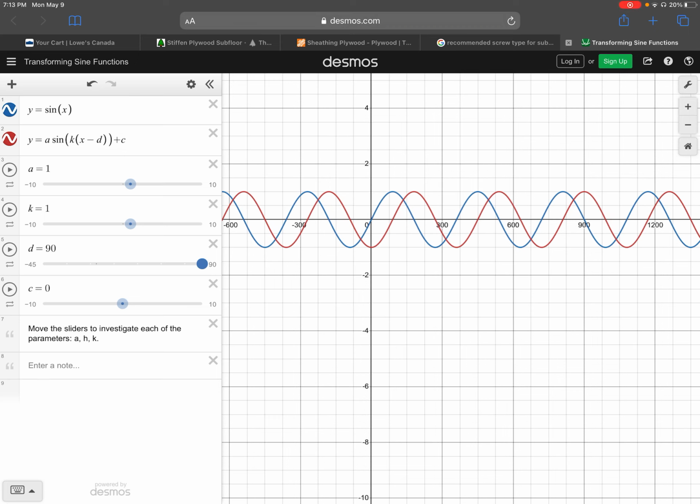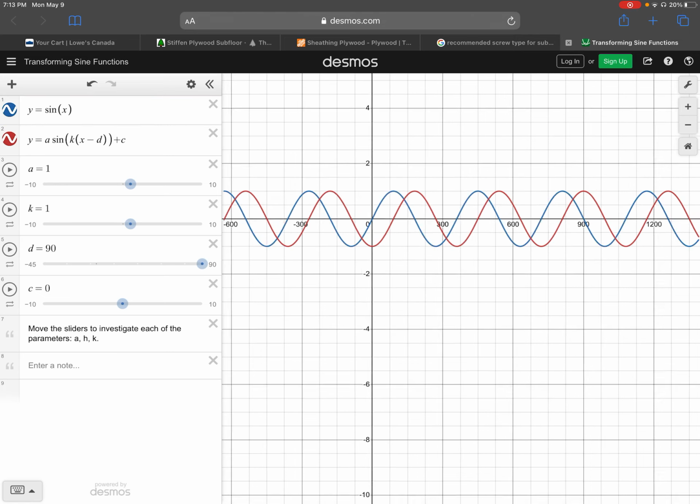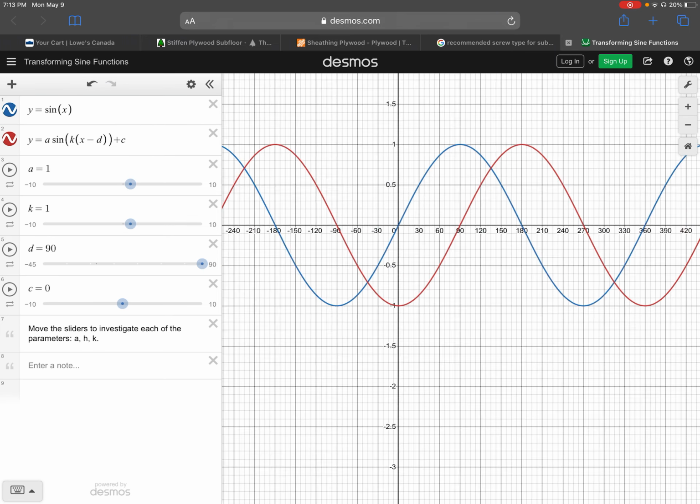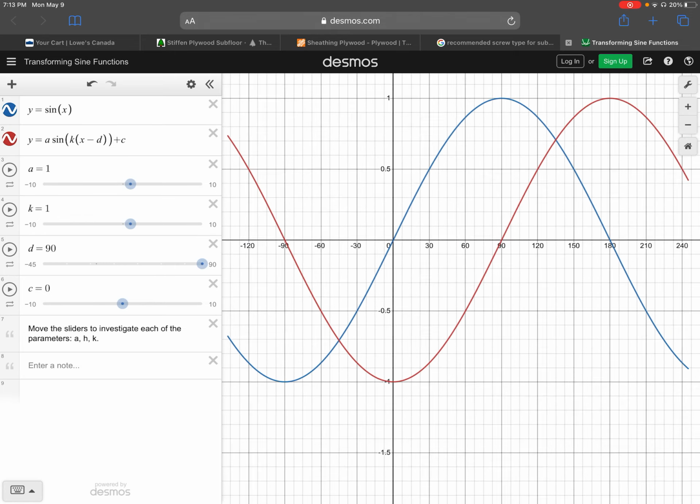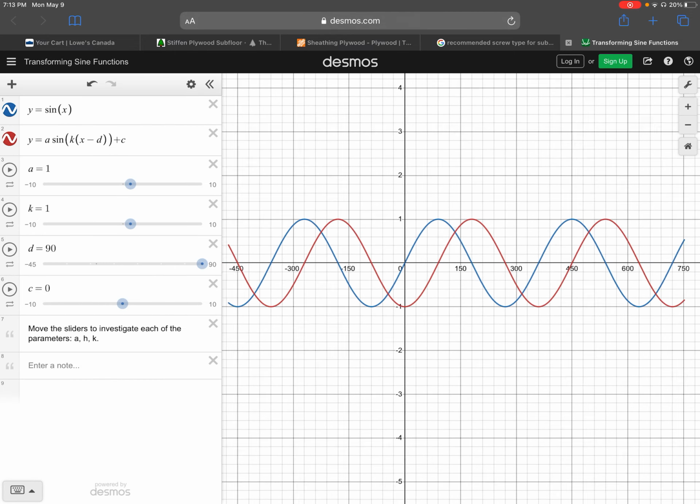So if we shift the blue graph 90 to the right, it would fall on the red one. It might be a little bit hard to tell that that's 90, so I'll zoom in, and you can see it moved exactly over 90. So if D is positive, it goes to the right.